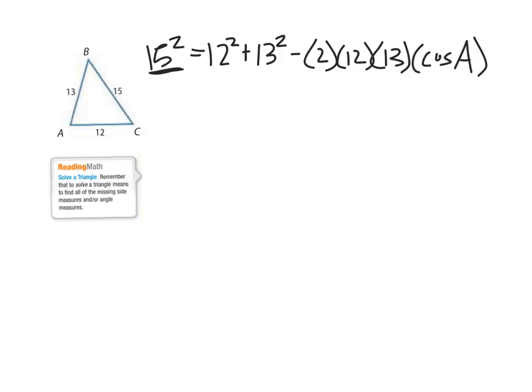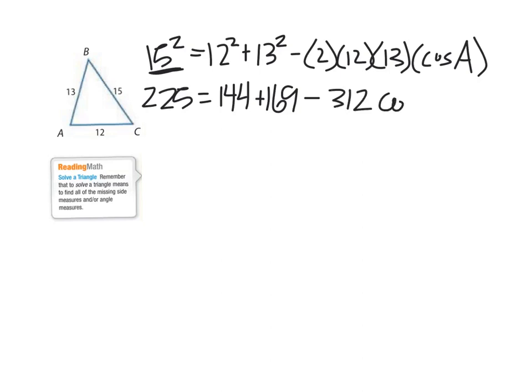In this first part, we are trying to solve for the measure of angle A. So I'm going to start simplifying things here. 15 times 15 is 225. That's going to equal 144 plus 169 minus, let's do 2 times 12 times 13, which is 312, times the cosine of angle A. Now I'm going to combine the 144 plus the 169, and that's going to be 313.